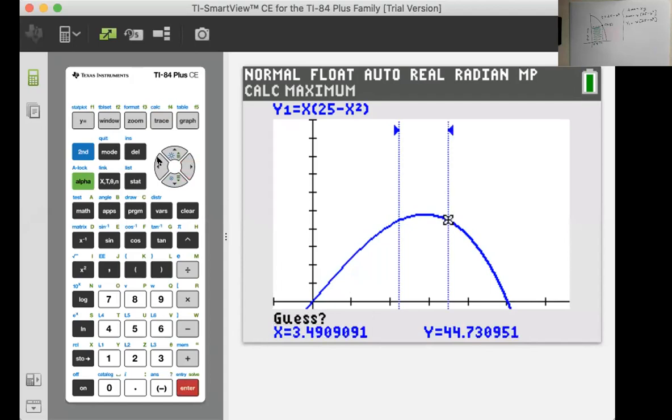And guess. And what do we have? The maximum that it gives me is x is 2.887. Y1, which is area, remember, is 48.113.